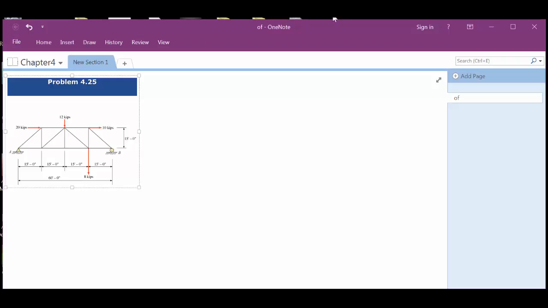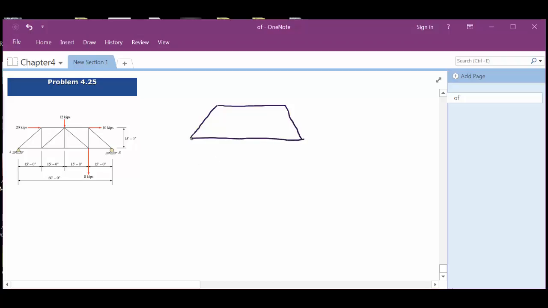Okay, so on this one, we've got a pin at A and a roller situation at B. So when we draw the free body diagram of this, it's just going to look something like this, where those two angles are the same.